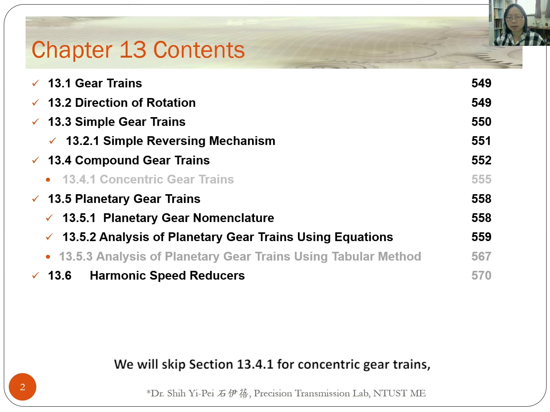We will skip section 13.4.1 for concentric gear trains. And I think the equation method is better than the tabular method for analysis of planetary gear trains. So I skip section 13.5.3. If you're interested in this method, you can learn it by yourself from the textbook.